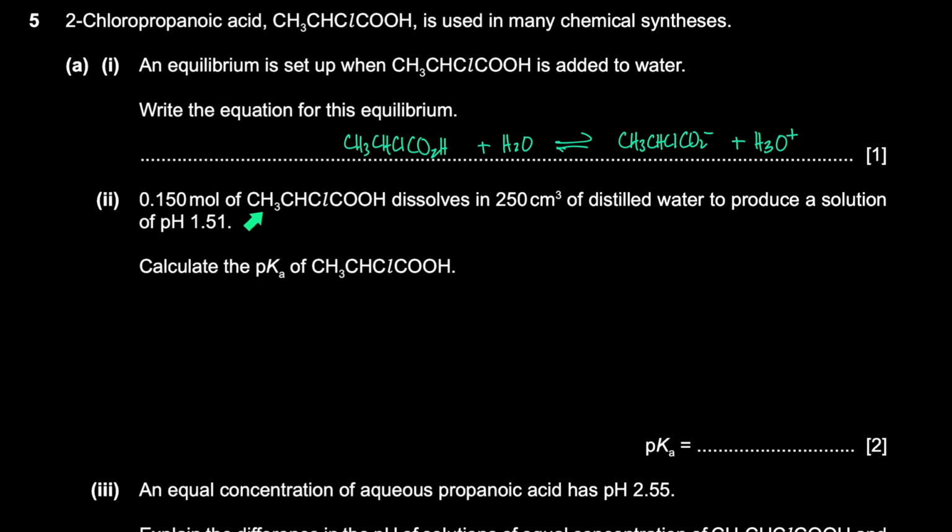0.15 moles of 2-chloropropanoic acid dissolves in 250 cm³ of distilled water to produce a solution of pH 1.51. Calculate the pKa for this acid.